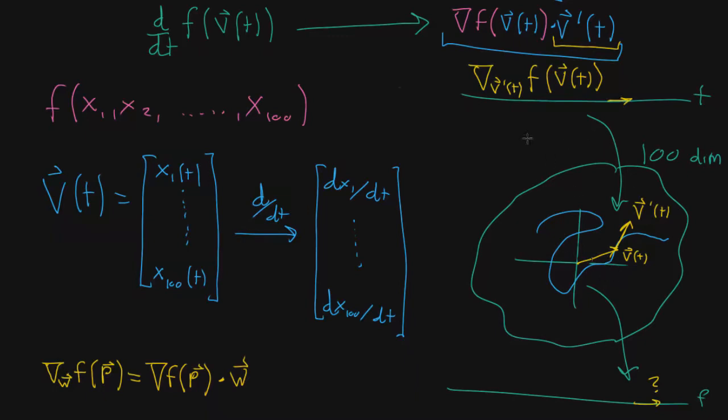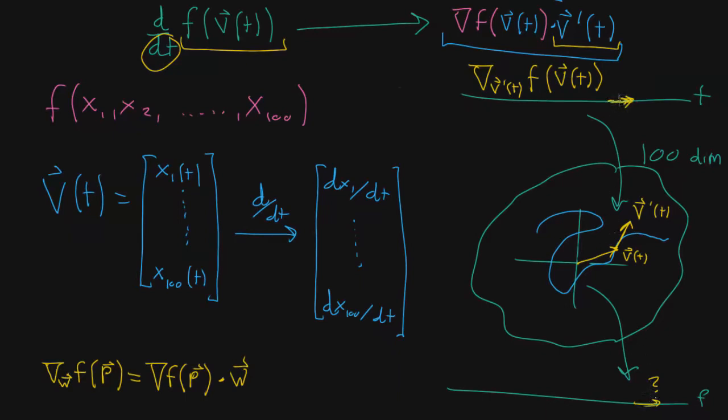And why should that make sense? Why should the directional derivative in the direction of v prime of t, this change to the intermediary function v, have anything to do with the multivariable chain rule? Well, remember what we're asking when we say d/dt of this composition is we're saying we take a tiny nudge to t, so that tiny change here in the value t, and we're wondering what change that results in after the composition.